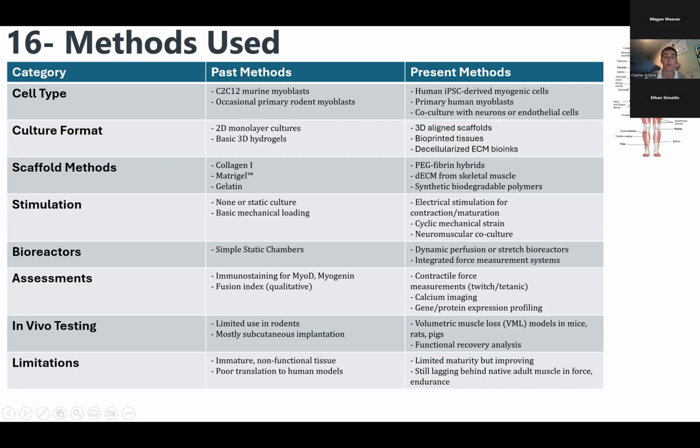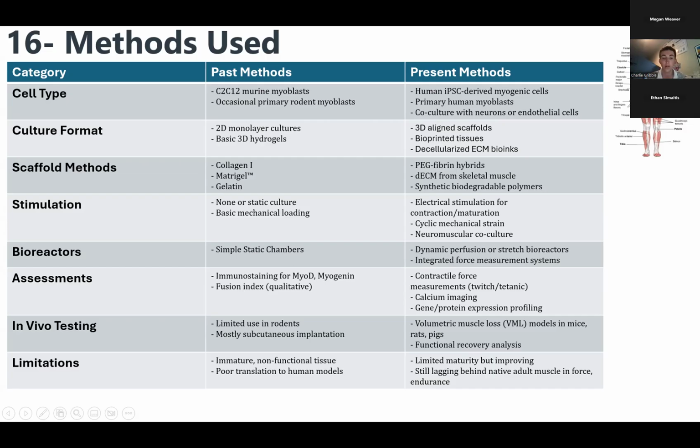It's always important to end by looking at the limitations, because there are still limitations even today. In the past, you would have immature, non-functional tissue translation to animal or human models, which has been the biggest bugaboo with all these engineering fields: being able to fully replicate what the human body looks like.